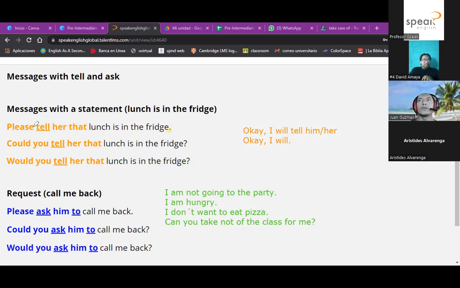Now, these two, could you and would you, are more formal. Could you tell her, you are asking the person, como pudieras, ¿verdad? Pudieras decirle, right? This is more formal.